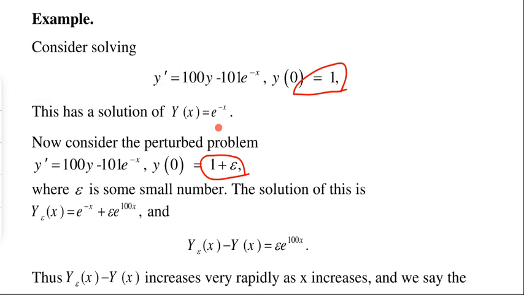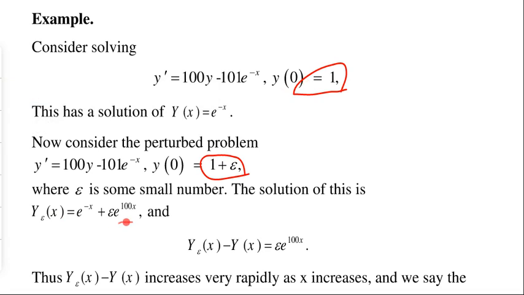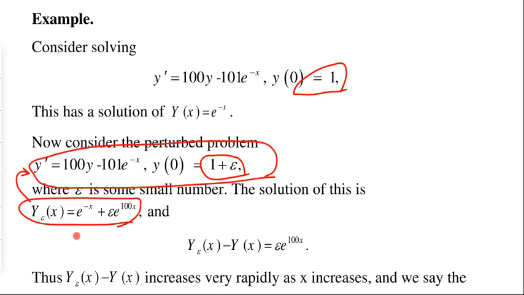You can see by substituting, this is the solution of this problem, and here you can see with simple computation, this is the solution of this problem. So we have a solution for this perturbed problem in this form. You can check it by substituting. You can replace y epsilon in both sides of this equation.